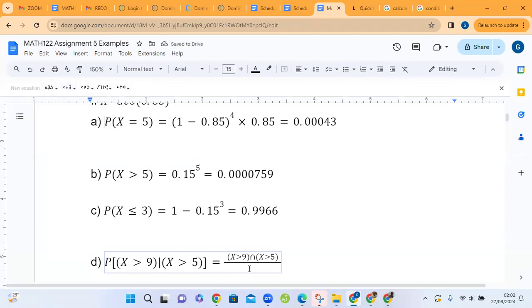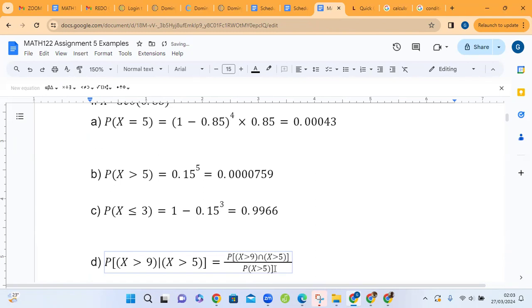Over the probability of the condition, which is the probability of succeeding in more than 5.